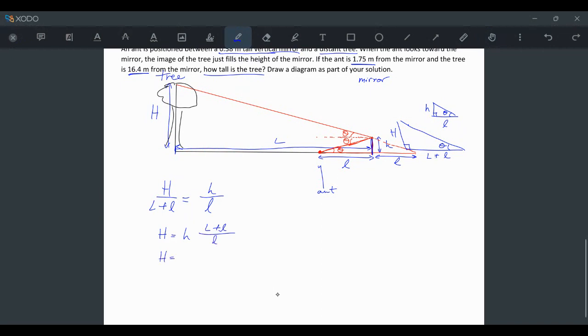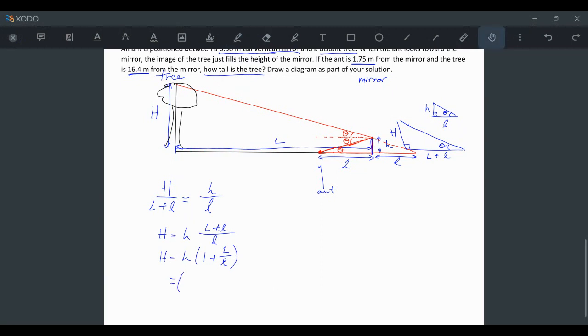I'll simplify this fraction a tiny bit, just to reduce the number of calculations we need to do. But I think this equation is our final answer in variables. We just need to fill all this in and put it into a calculator.